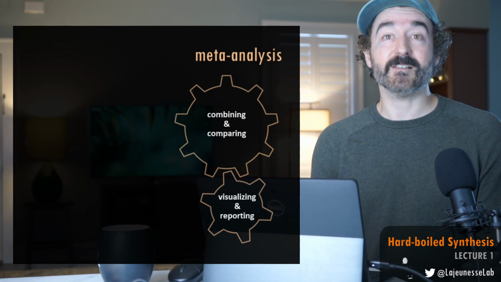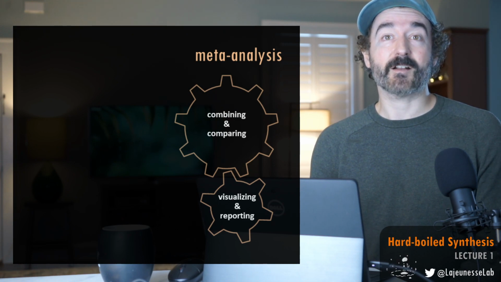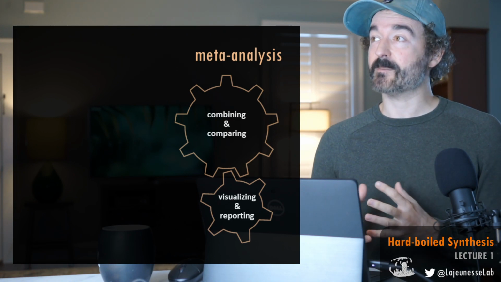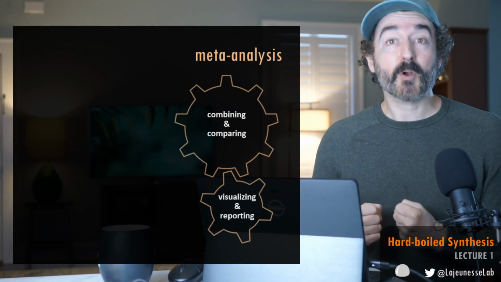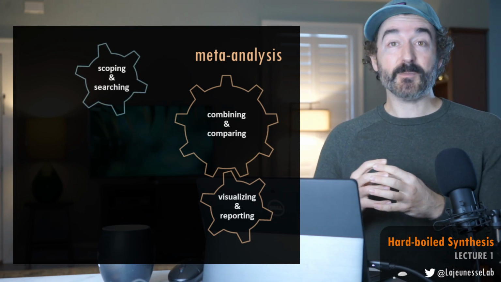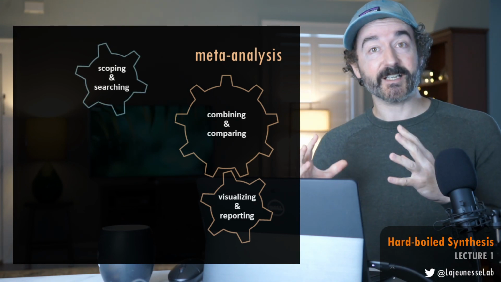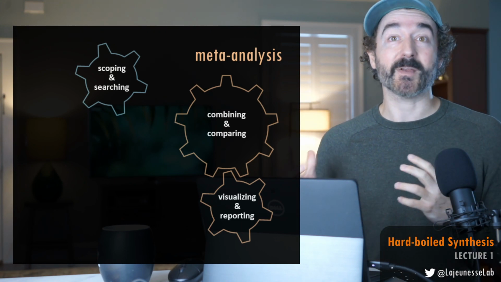And this is a collection of best practices associated with creating a repeatable, robust approach to finding studies. And so you begin with a clear vision of what you're looking for. So this is called scoping and searching.